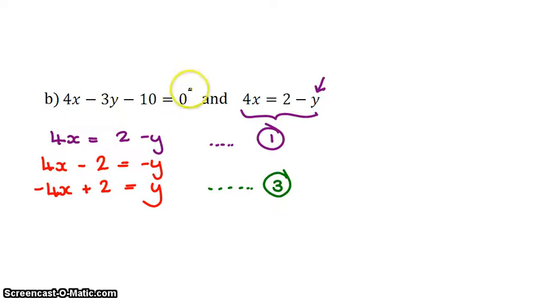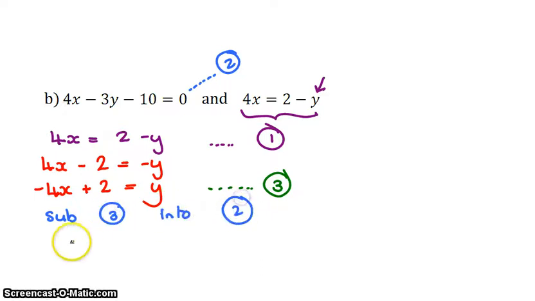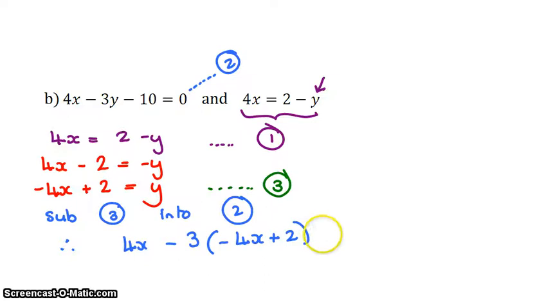So this guy was equation number 2, and now I'm going to substitute equation number 3 into equation number 2. So therefore I have 4x minus 3y, but y is the same as minus 4x plus 2, minus 10 equals 0. Now that's an easy simple linear equation with one letter.